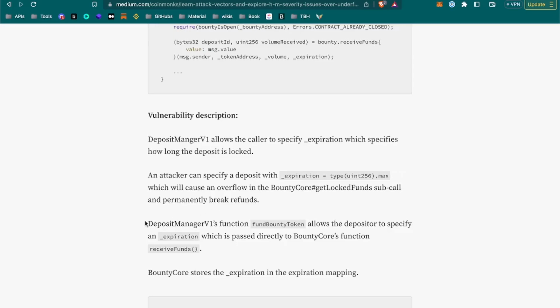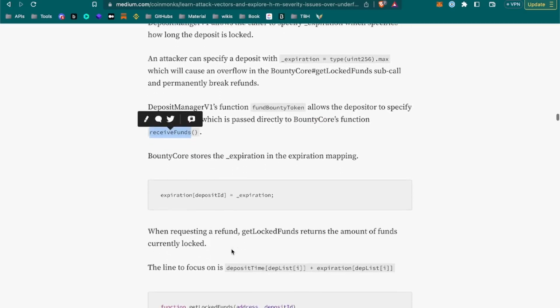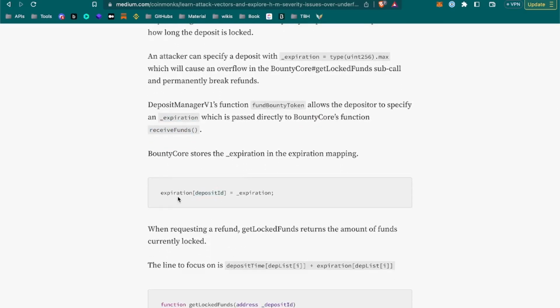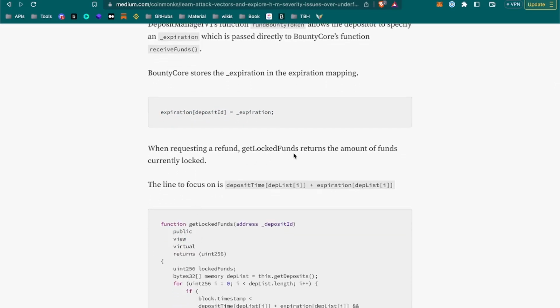Okay, so in this smart contract, the function fundBountyToken allows the depositor to specify an expiration, which is passed directly to the bounty core contract, and it's on receive funds. This is the part where it's updating. Actually, it takes the parameter passed there and it is storing it, right? Then when requesting a refund, getLockedFunds returns the amount of funds currently locked.